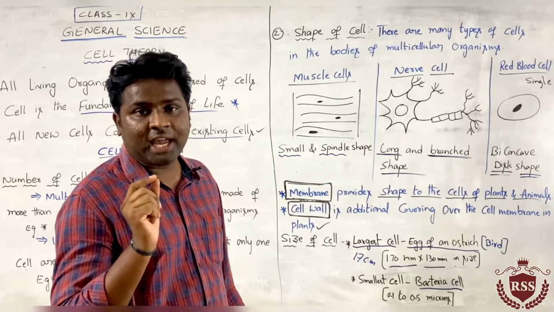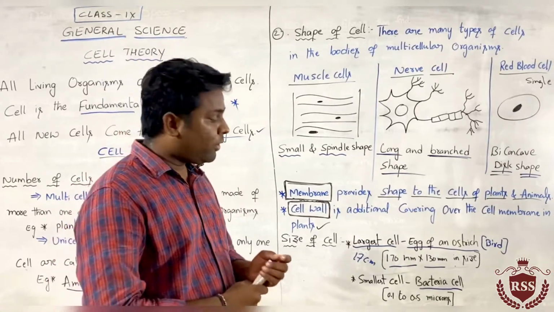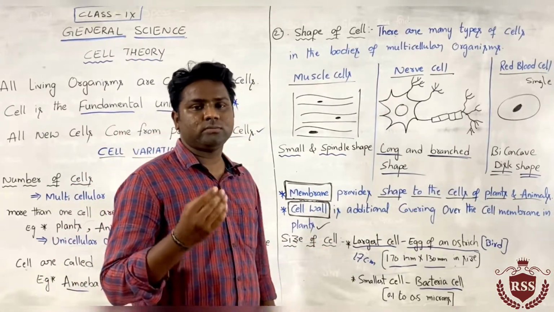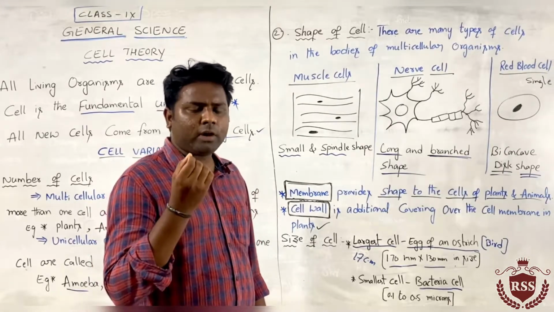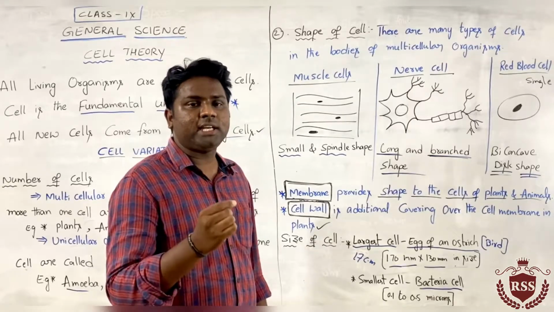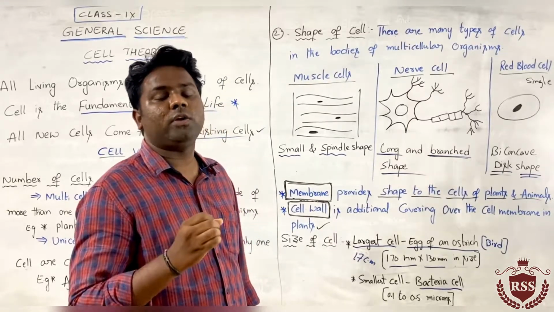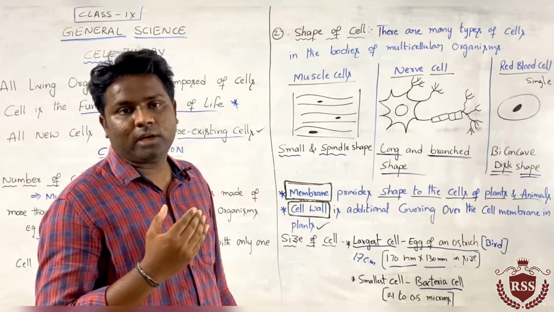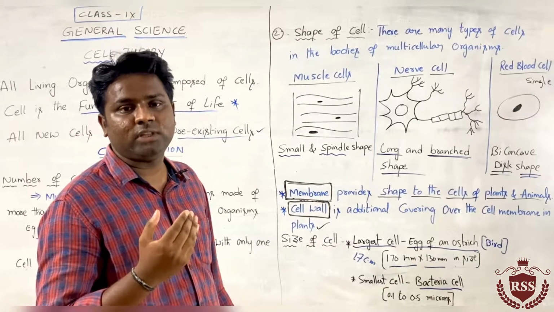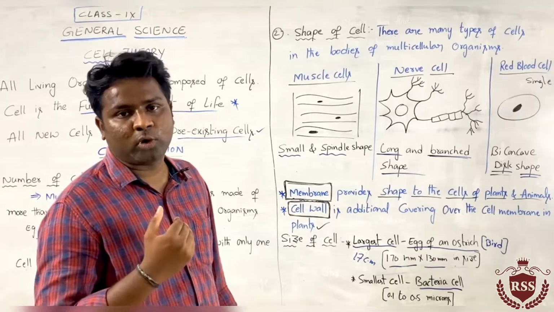So 0.1 micron is very small and can't be seen with the naked eye. If you want to see it, we have to use a microscope only.